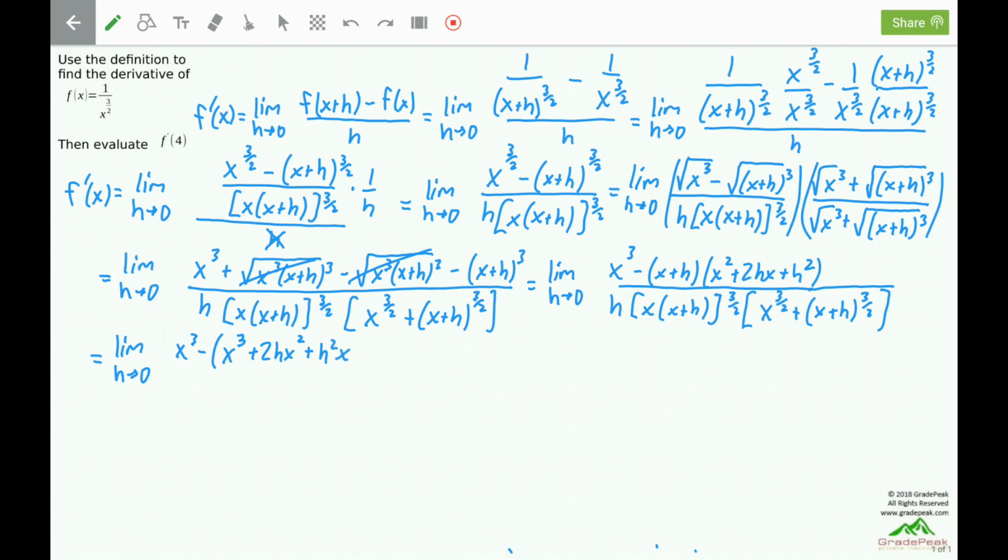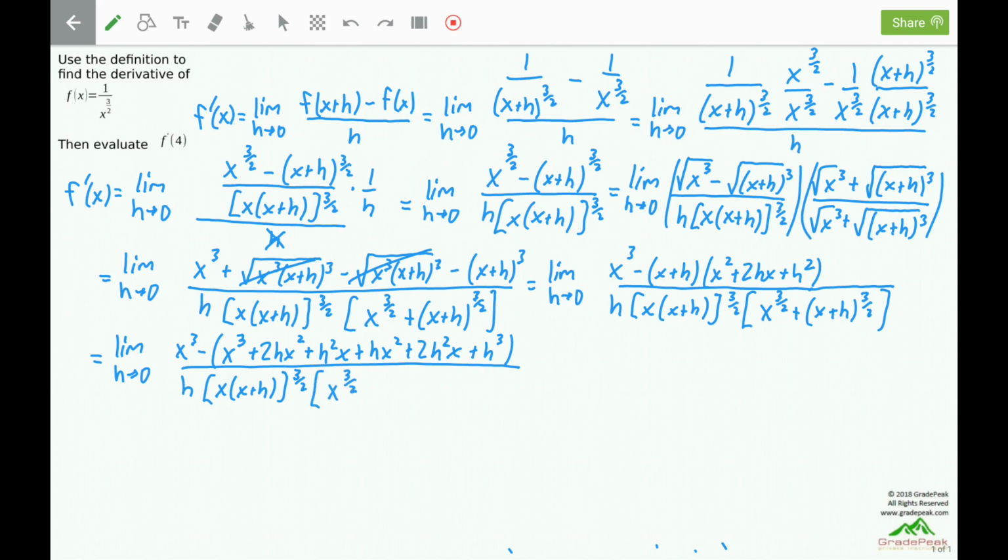And then the h, distributed through each of them: h times an x squared is an hx squared. h times 2hx is a 2h squared x, and then h times an h squared is an h cubed. All of this is over that same denominator.